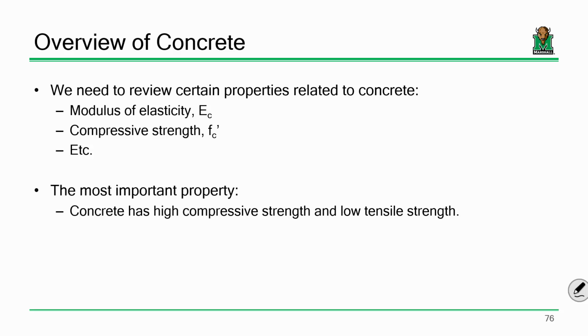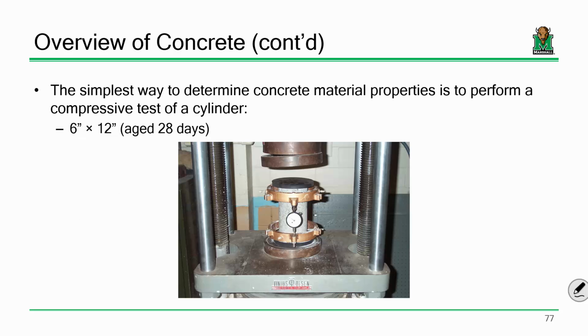And that's why we have reinforced concrete design: we tend to place reinforcement in all of the regions where a concrete beam is subjected to tension. That's what we do. So if you leave my class and don't understand that, I did something fundamentally wrong.